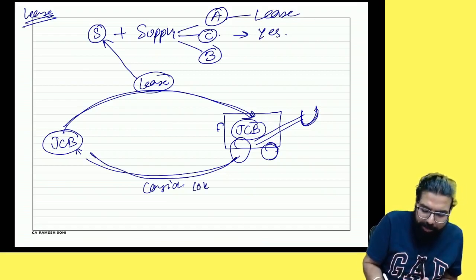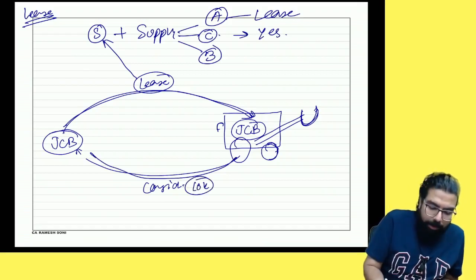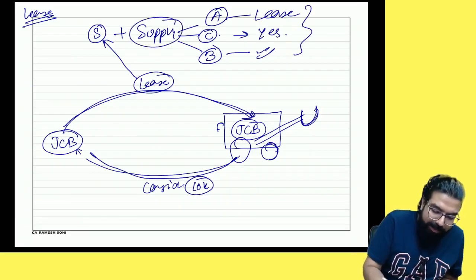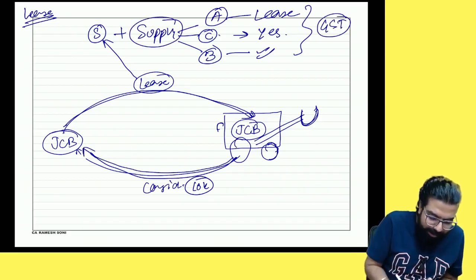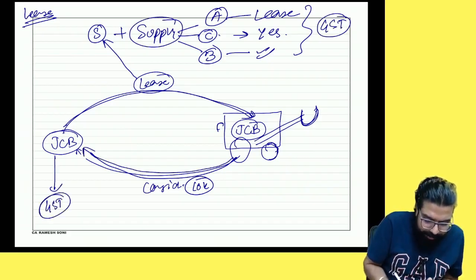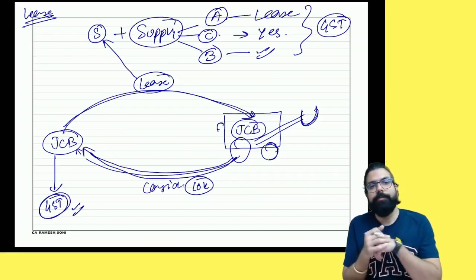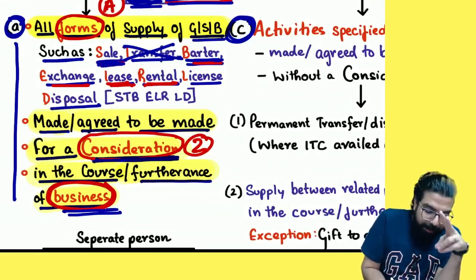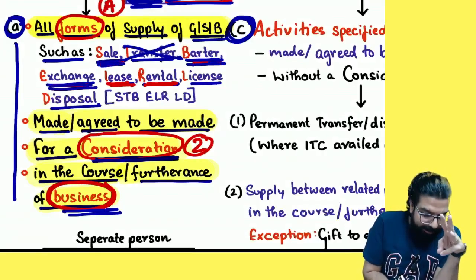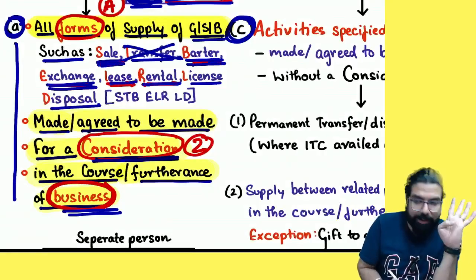Say 10,000 per annum, for example. Is it business? Is it supply? Will GST get charged on the transaction? It means the JCB company should collect GST and pay GST. Any doubt till here? Is sale clear? Is barter clear? Is exchange clear? Is lease and rental clear?